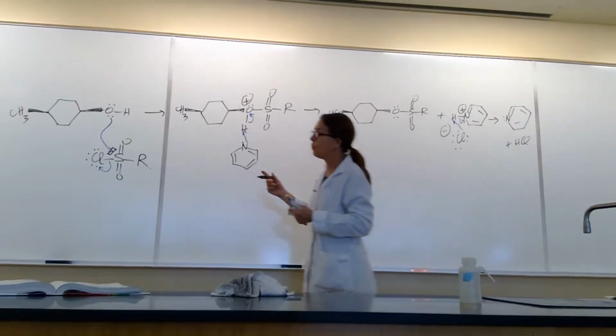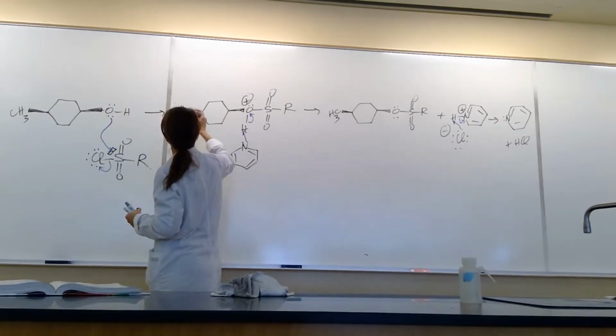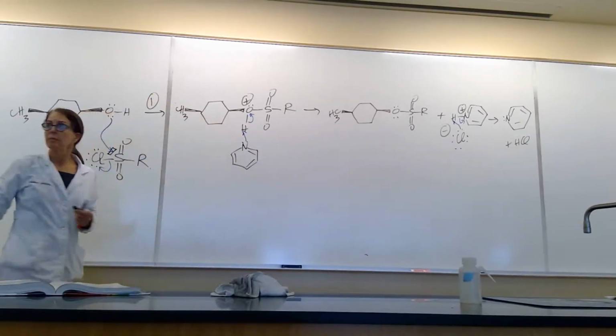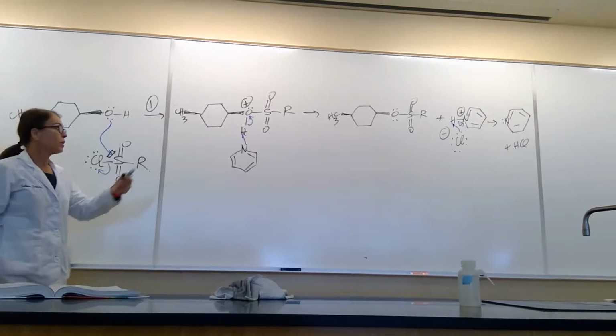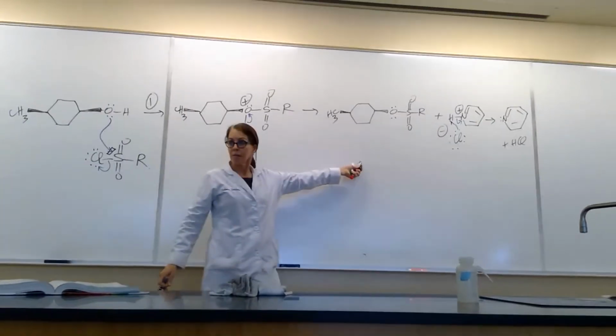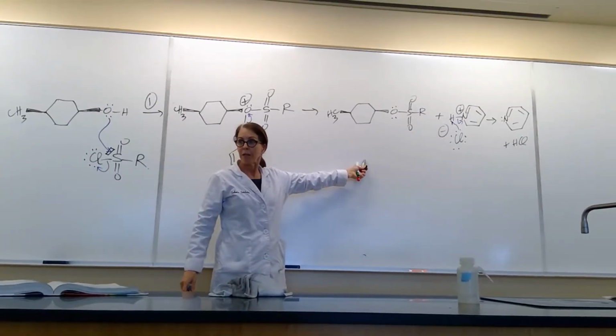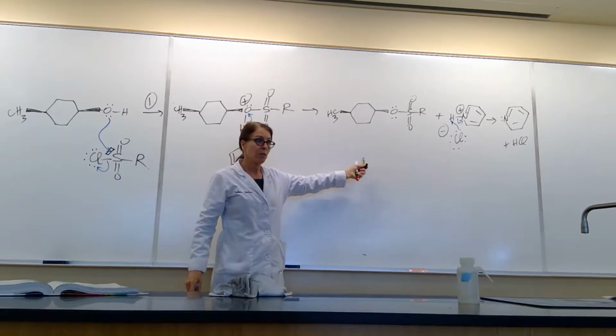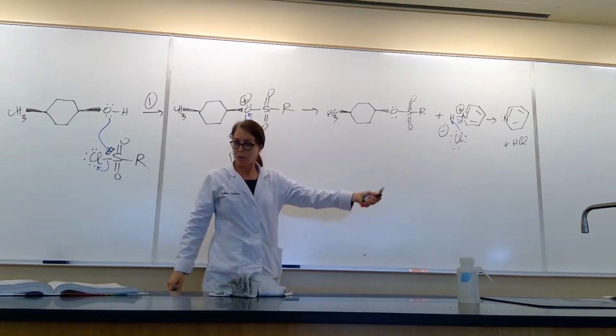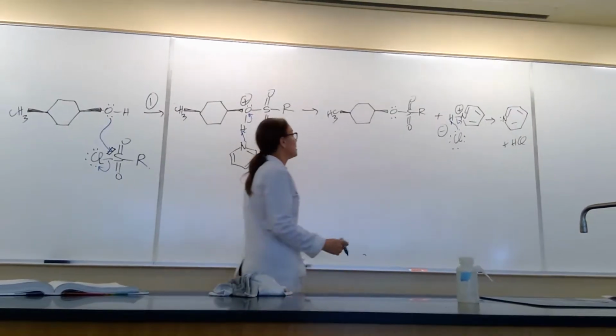But then what's the second step? Okay, so this is step one. See how they put one? That's one. Step two, we're going to start with this. That's your product, you agree? So step two is you get this product and you react it with NaCN.